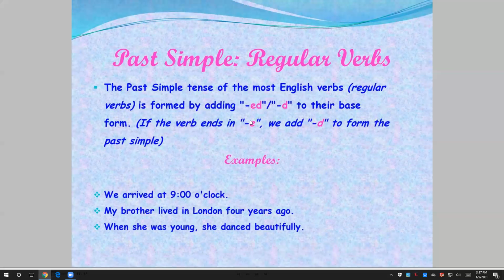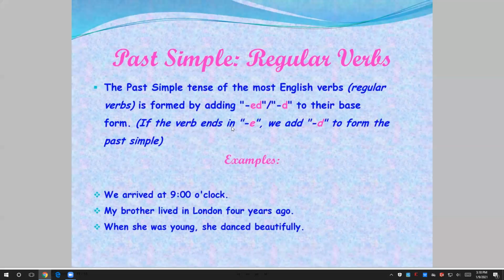Now, if the verb ends in e, we add d to form the past simple. So if you want to change a regular verb into past, there are certain rules.